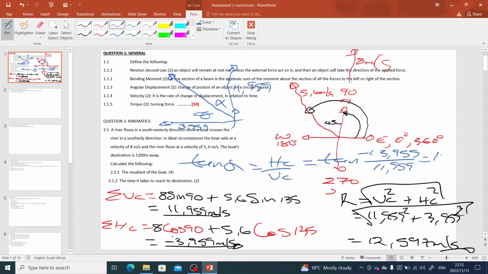Then I get my answer as 18,32 degrees. Now, you can tell that your resultant is close to north. Then it will be north 18,32 degrees west.